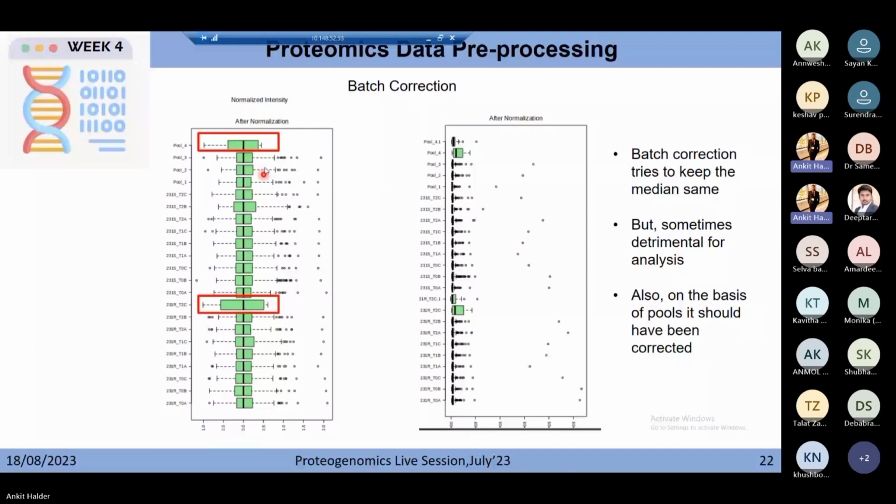Otherwise, the rest should have been corrected according to these pool samples.